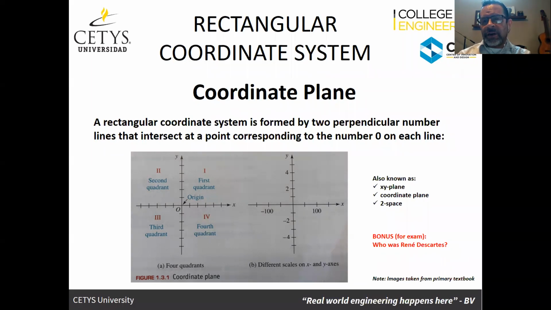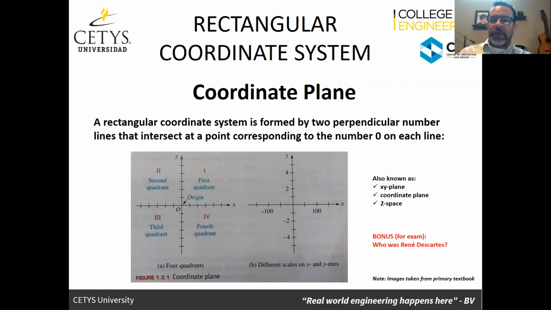René Descartes is one of them. If you read his bio, he was involved in many things and much research a long time ago. One of the things he's attributed with is representing numbers in a two-dimensional space, and that's why it's called the Cartesian plane.